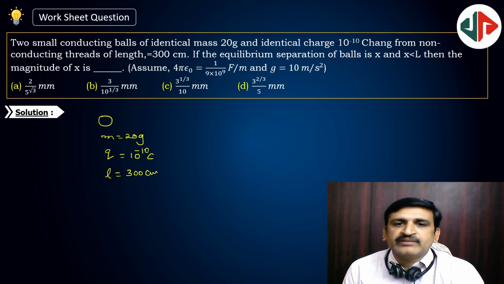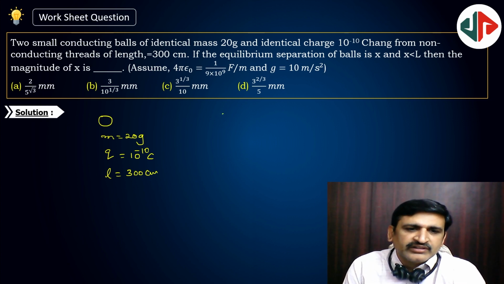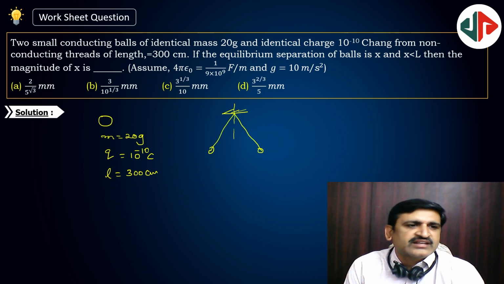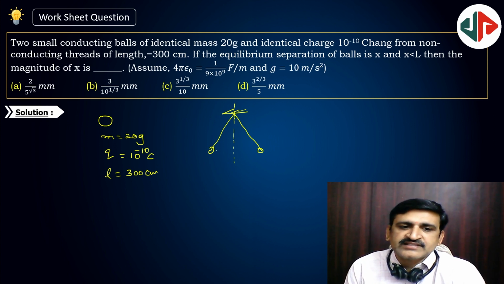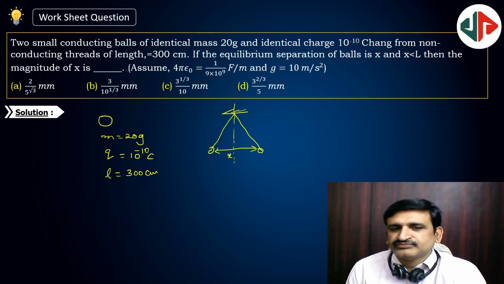If the equilibrium separation of the balls is x, lesser than L, then find the magnitude of x. It should be treated like this. So this theta I don't want actually. What is asked? The equilibrium separation of the balls is x. He is asking this x.